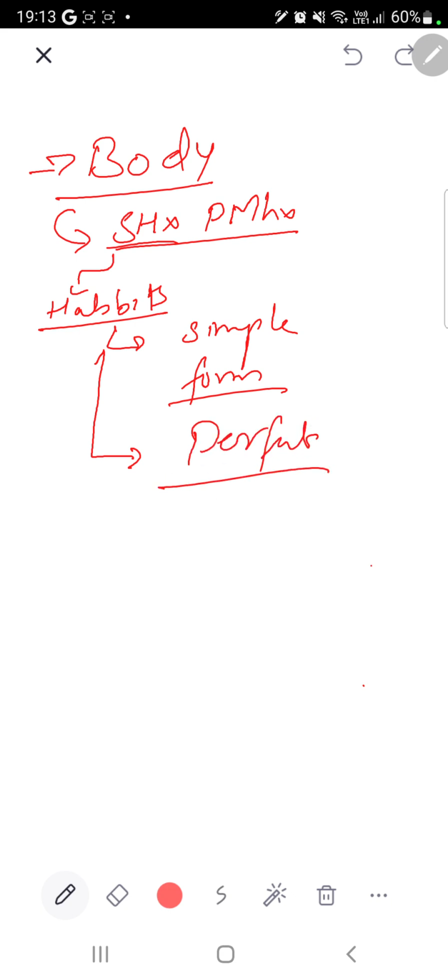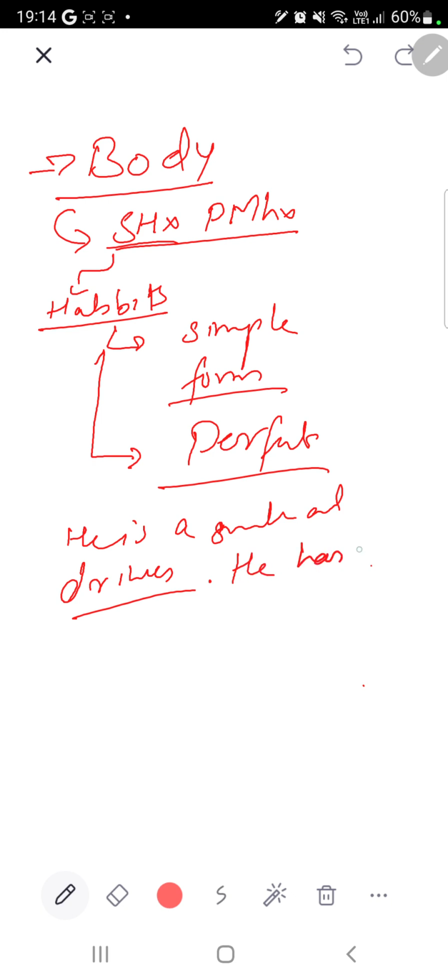So, let's say he is a smoker and drinker. Now this is your present simple tense. We can also write he has had diabetes for the last so many years.